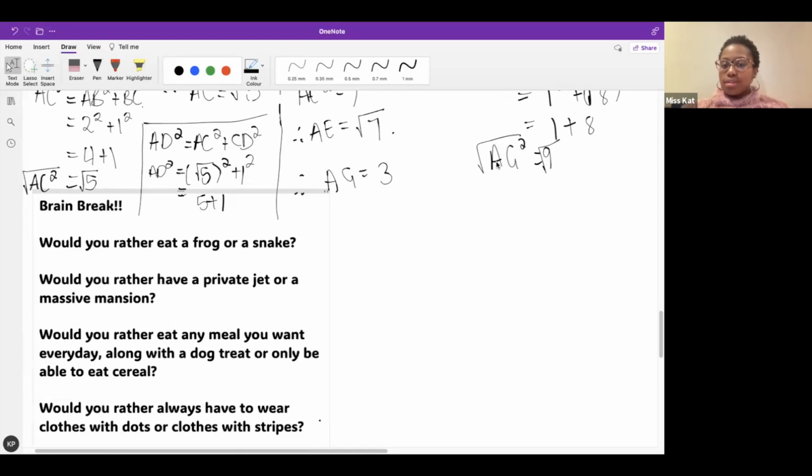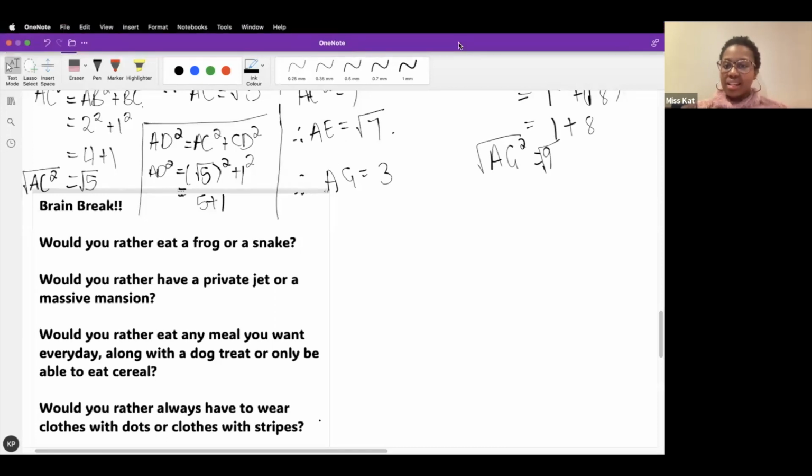Stripes, dots, zebra. A lot going on. People who say dots, you know, you itch after a while wearing dots. It's like forever. Amen. Tegan, would you rather have dots or stripes?